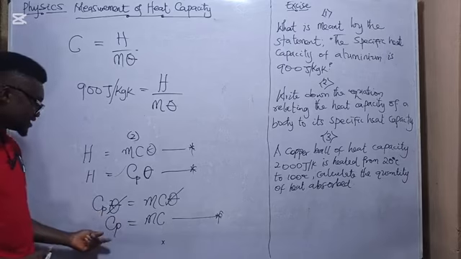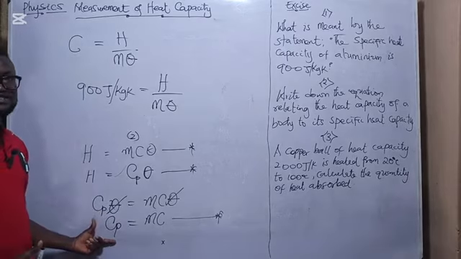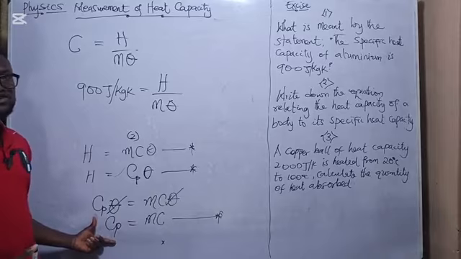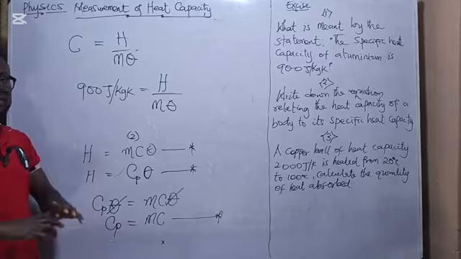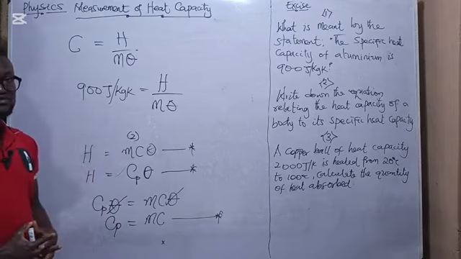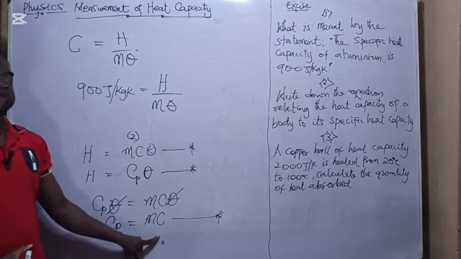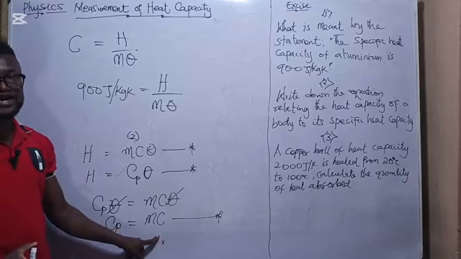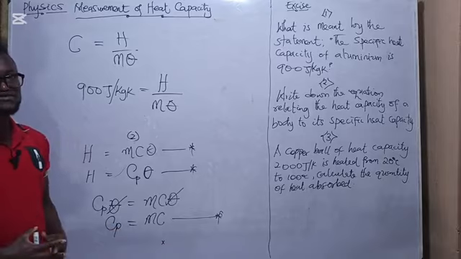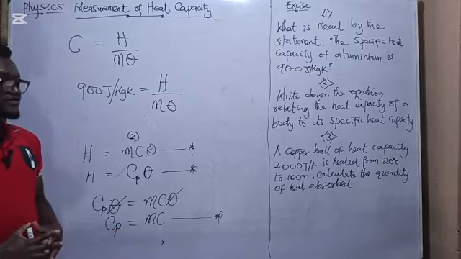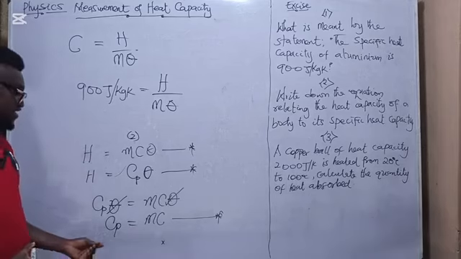Remember, heat capacity is the quantity of heat required to raise the temperature of a mass of any substance through 1 degree rise in temperature. While specific heat capacity is the quantity of heat required to raise the unit mass of a substance through 1 degree rise in temperature. You see the difference?